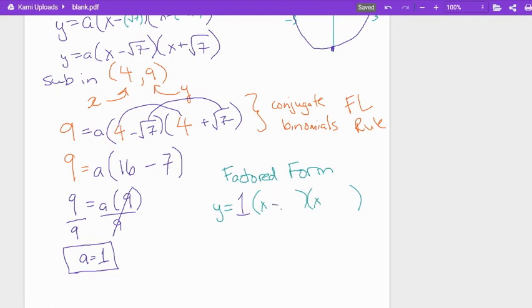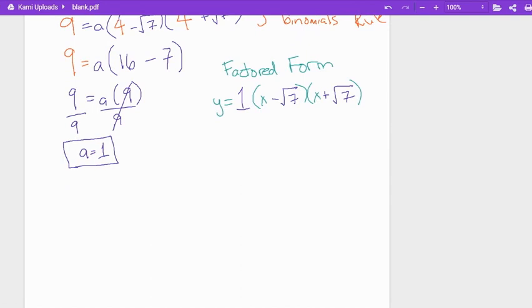And then x minus root 7, x plus root 7. So in the factored form, we're able to find the two zeros. Okay. Now, in order to get to the standard form, we expand, i.e. FOIL, to get standard form.